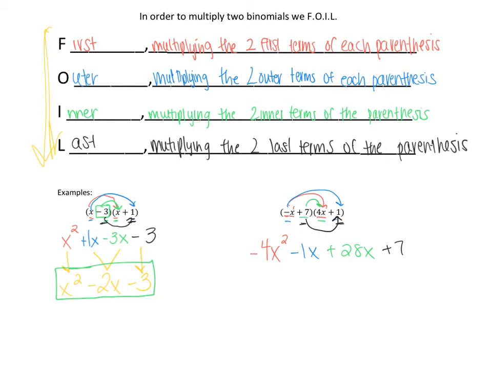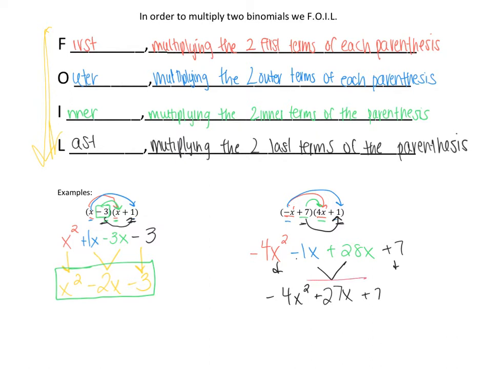The same thing that we did on the last one, we need to combine like terms. We can never just keep it like this. And I have a -1x plus a 28x. Okay, and that gets me 27x, because we're just taking 1 away from 28. Everything else can just be brought down. -4x squared plus 27x plus 7.